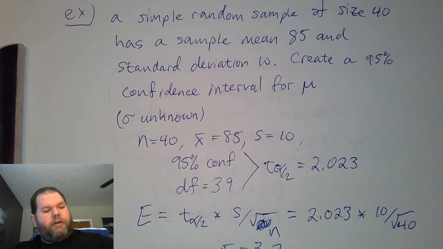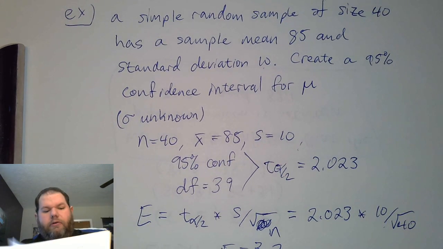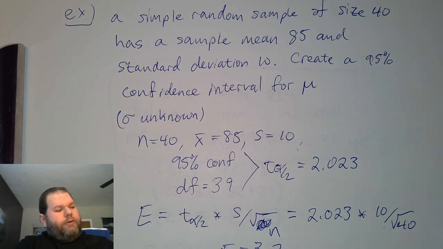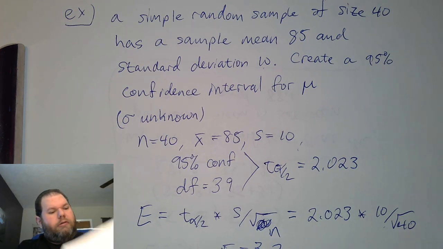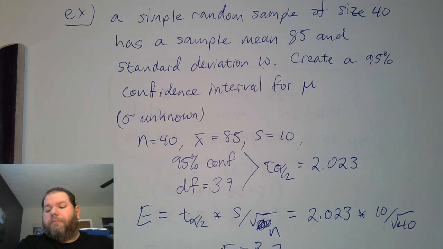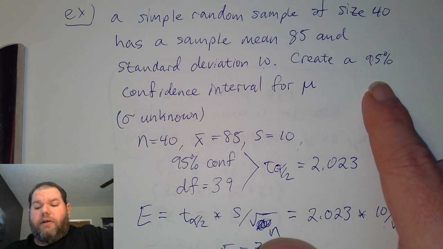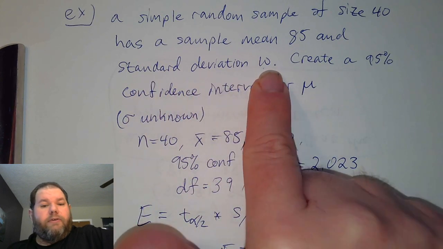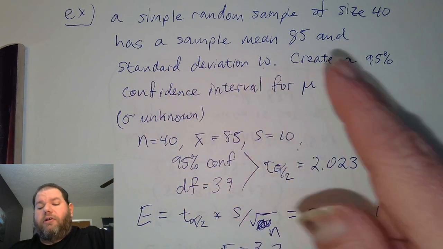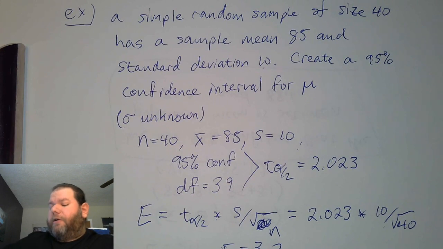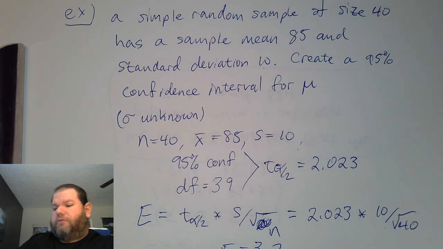Let me make a quick comparison. Notice we just worked this problem. Oh, it's on the back of this page, I'm sorry. When we worked this problem, 95% confident, and we knew that 10 was the population standard deviation, it gave us an error term of 3.1.